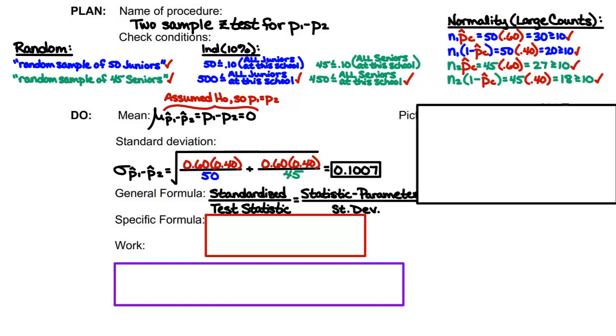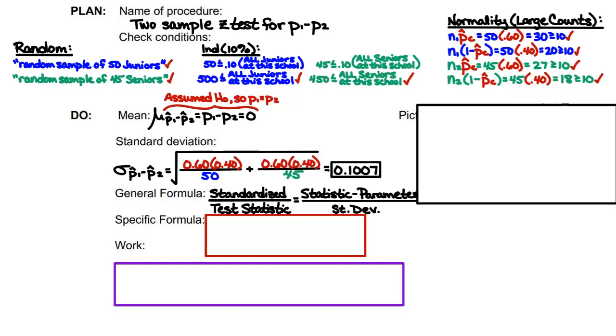What should our picture look like? What goes smack dab in the middle? 0. Standard deviation we just calculated. And then what else do I need? We need our z-score, which would be the difference that was actually observed, right?